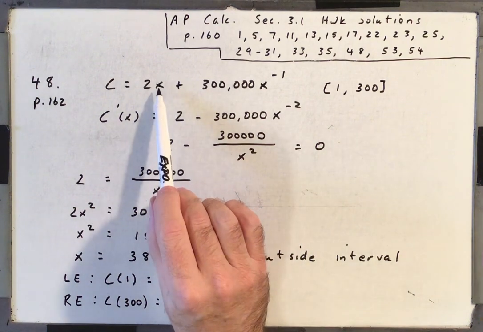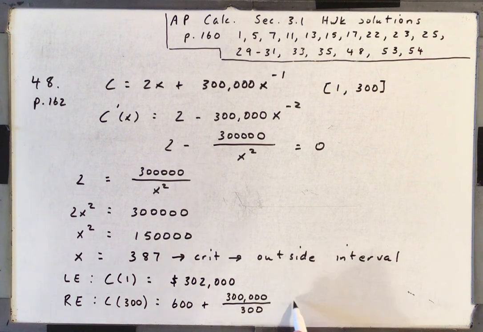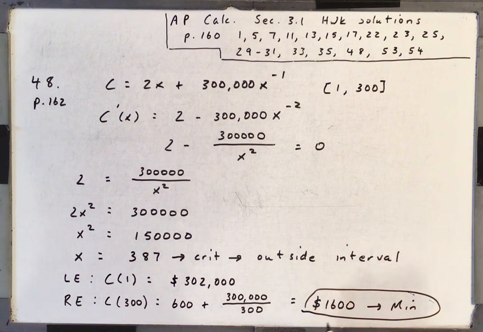That's going to be 2 times 300, 600, plus 300,000 over 300, and that is $1,600. And that is much less than $302,000, so we know that is our minimum cost.